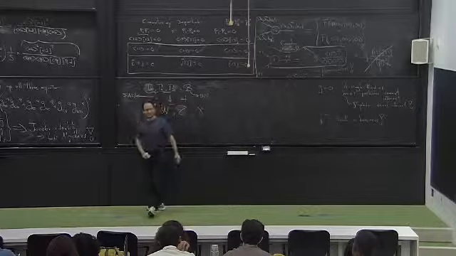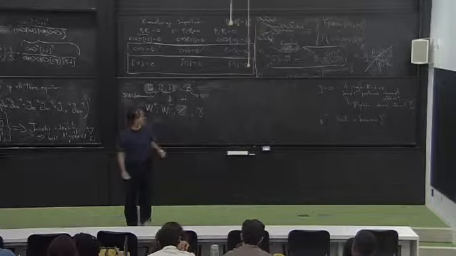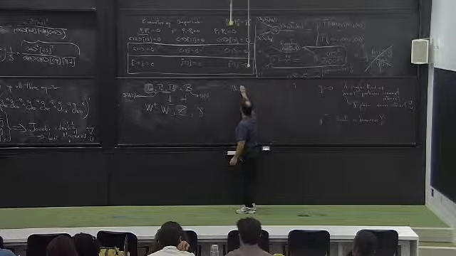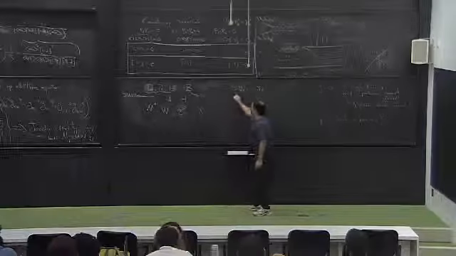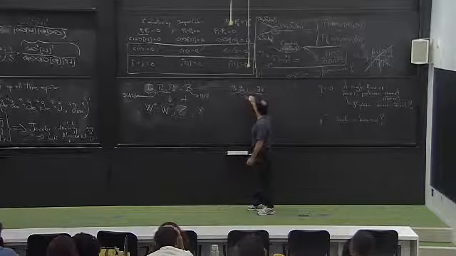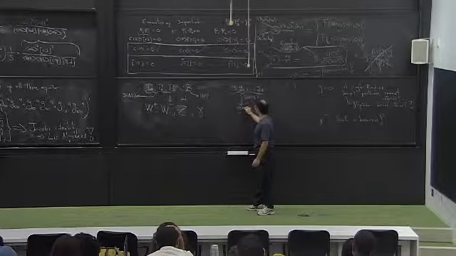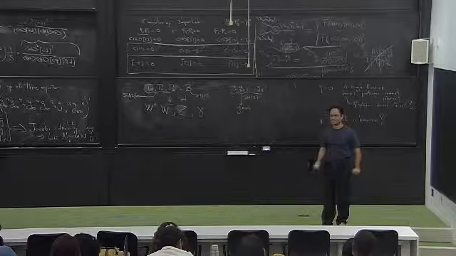SU2 is the next one. Have we seen SU3? That would be the natural question, right? So SU3 needs 8 guys. And yes, these are precisely gluons. Have we seen SU4? No.